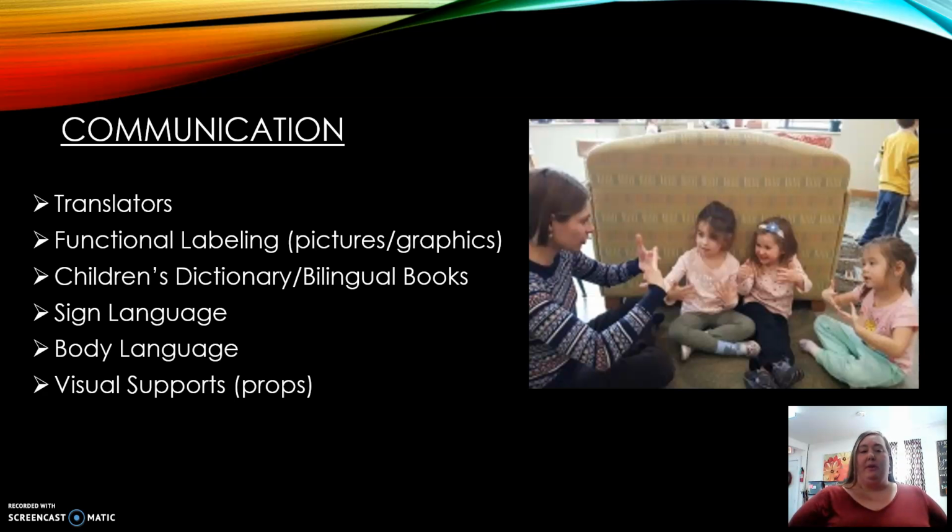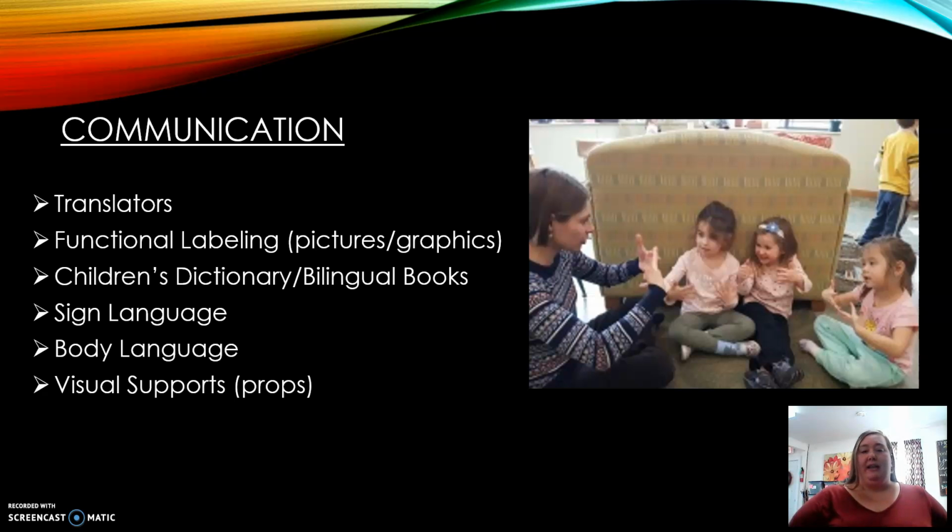You can also communicate by using functional labeling. Functional labeling can include the native language as well as the language that these students speak. It also can include pictures or graphics to help children understand what they are putting where.